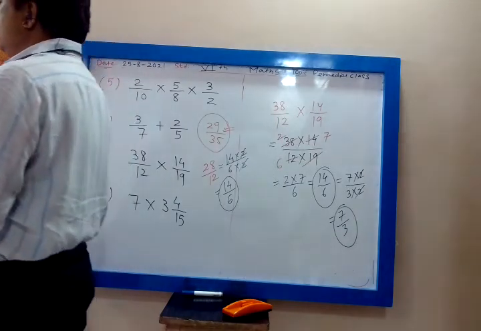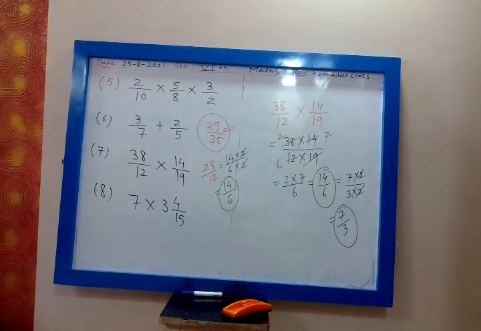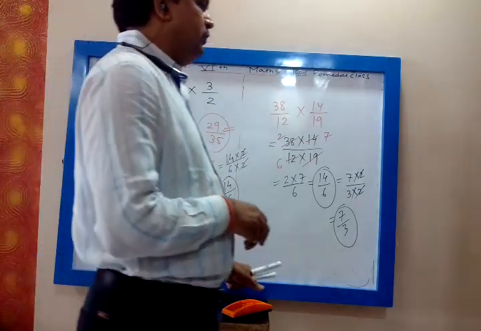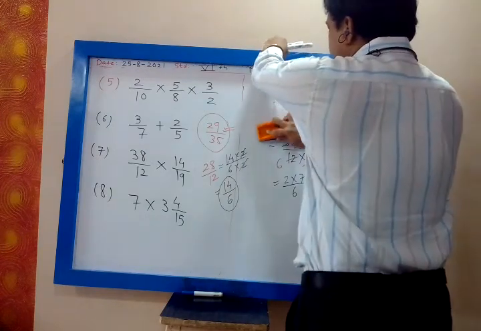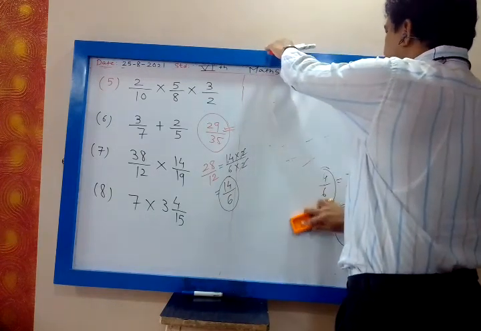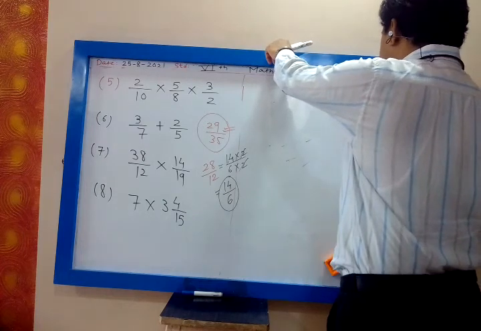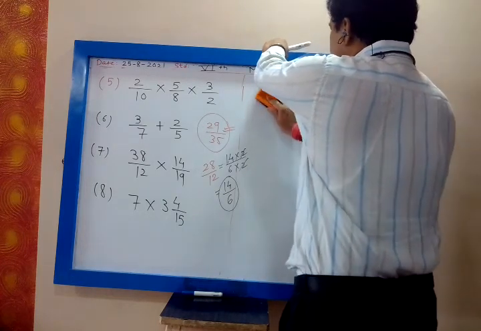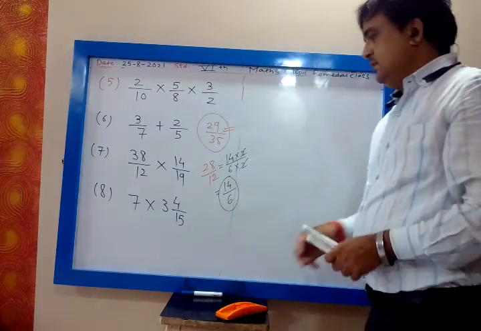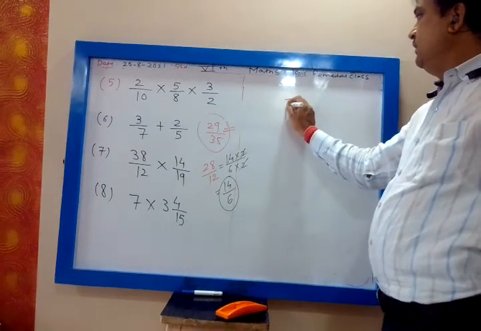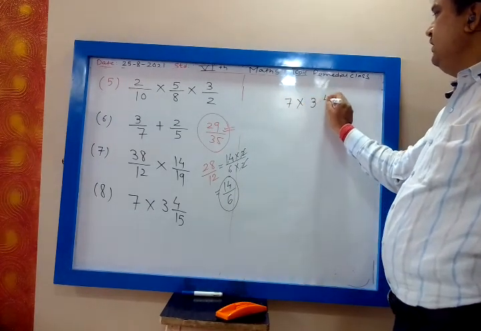Tell me at least one answer. 7 into 3 is to 4 by 15. Yes, Parth Joshi, what is the answer? Krishna. 7 into 3 is to 4 by 15.